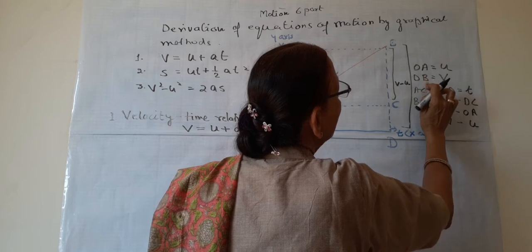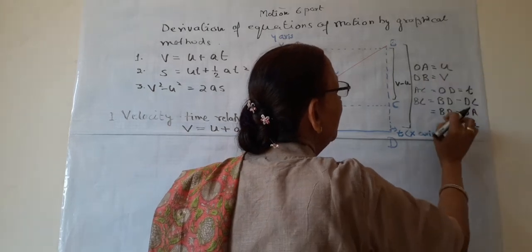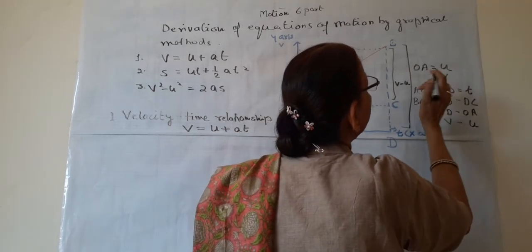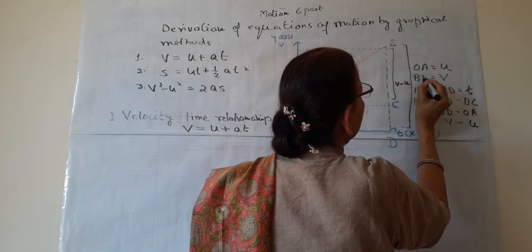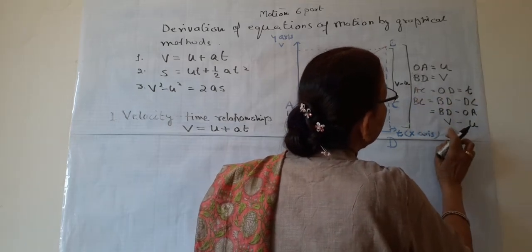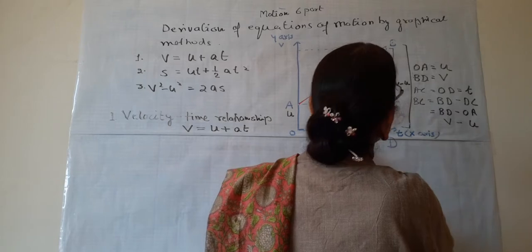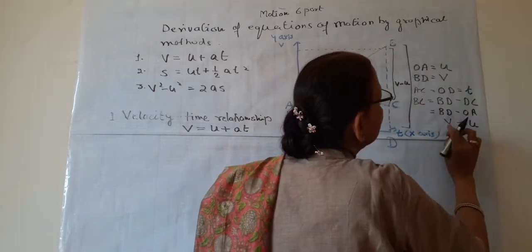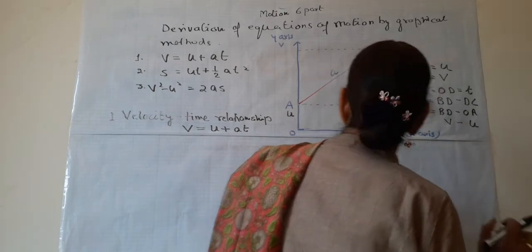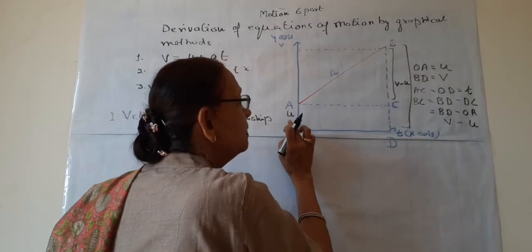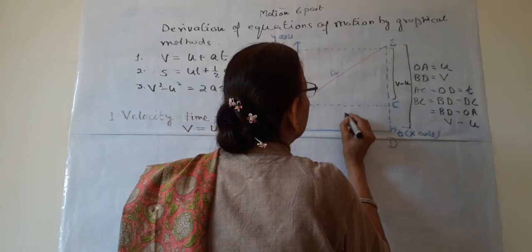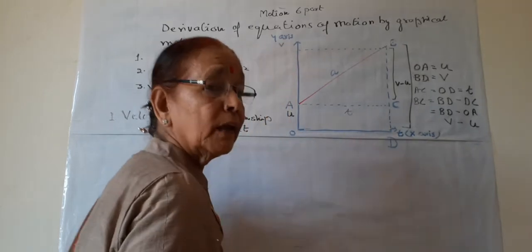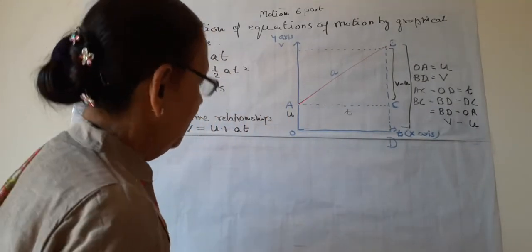And this BD, as I have written here, is v. So this BC is v minus u, and this AO is u, this AC is t. Now is it clear to all of you?